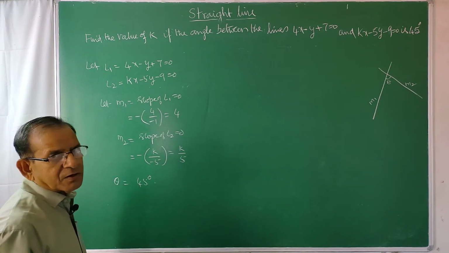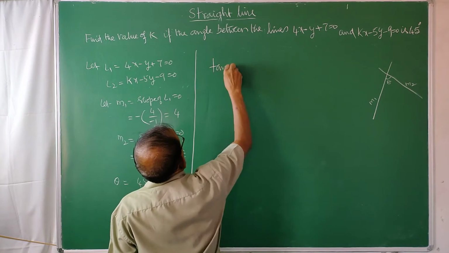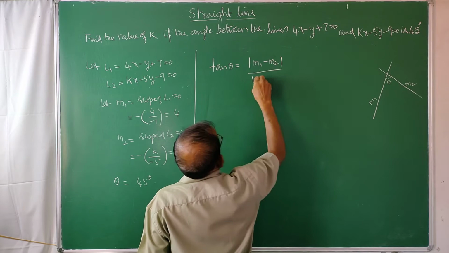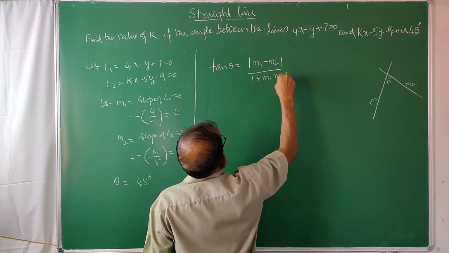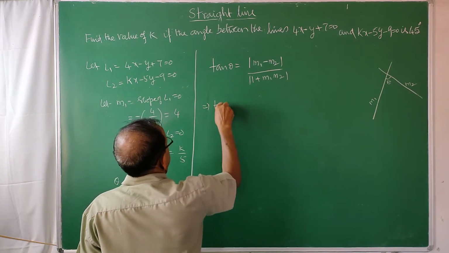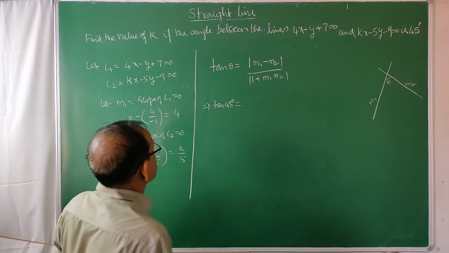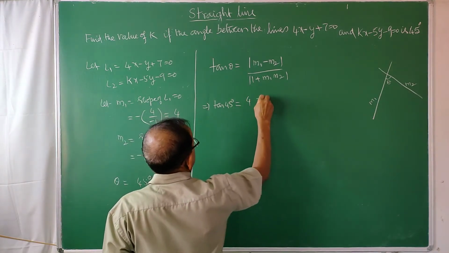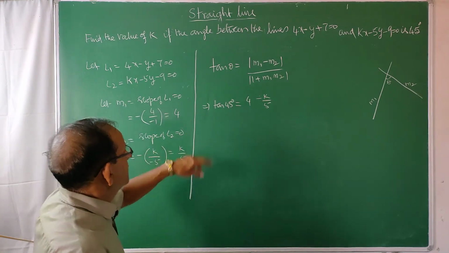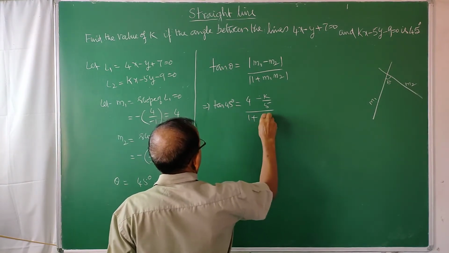We have got the formula, that is tan theta is equal to modulus of m1 minus m2 by 1 plus m1 m2. That is tan 45, because theta is 45. m1 is 4 minus m2, k by 5, and by 1 plus m1 m2. 1 plus m1 m2 is 4 into k by 5, 4k by 5.